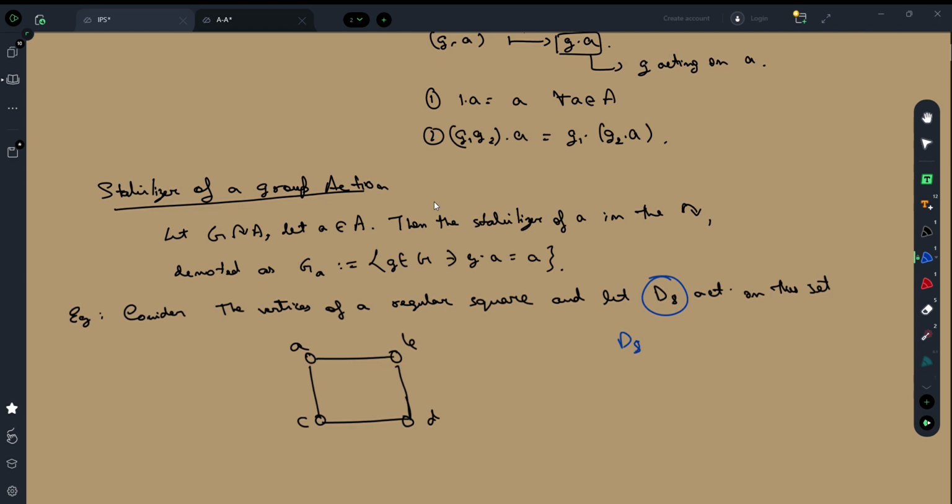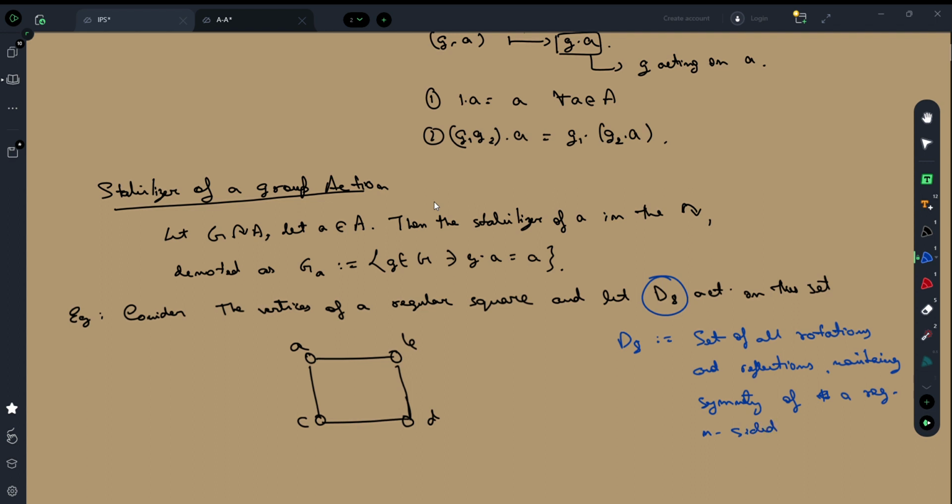If you remember the definition of D8, it's the set of all rotations and reflections maintaining symmetry of a regular n-sided polygon.